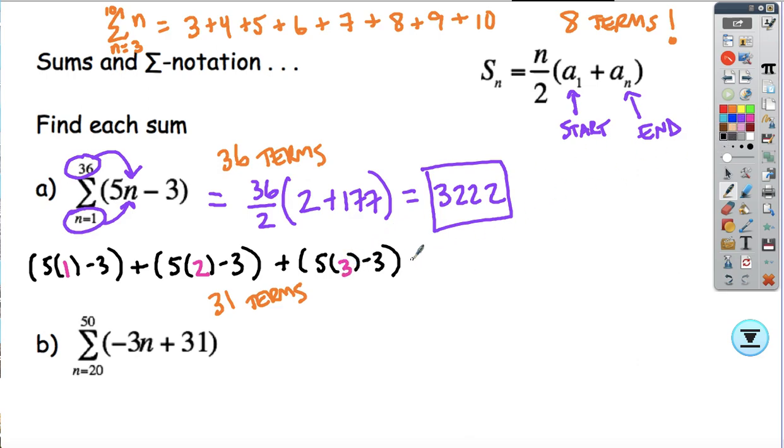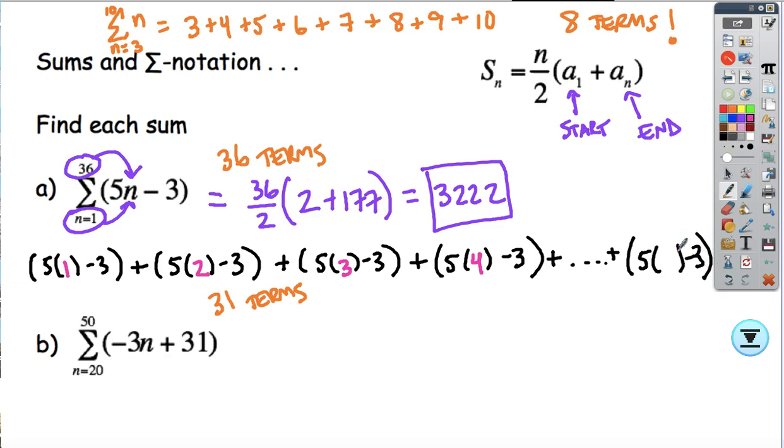Then my next term is when I plug a 4 in. How far do I have to go? I have to keep doing this until I plug in a 36. No one wants to do this.